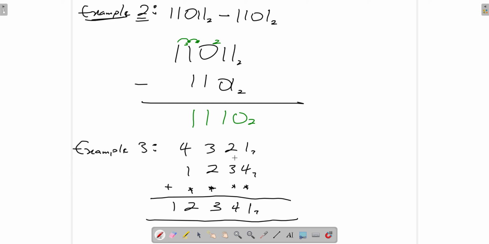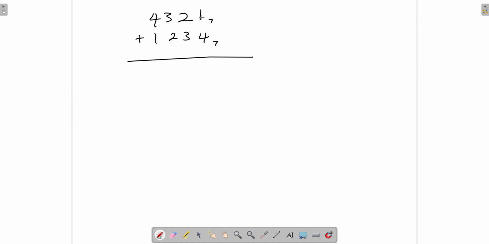What we're going to do is simple math. We first of all add these, and then subtract our answer from the answer here to get the missing number. So we're adding 4321 base 7 plus 1234 base 7. Since we're calculating in base 7, 1 plus 4 is 5, 2 plus 3 is 5, 3 plus 2 is 5, 4 plus 1 is 5.